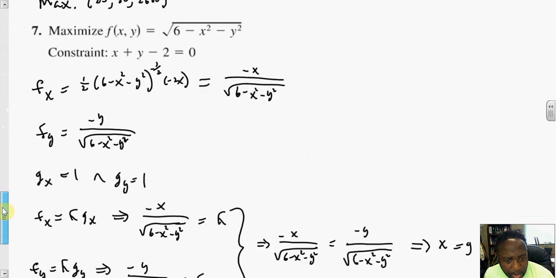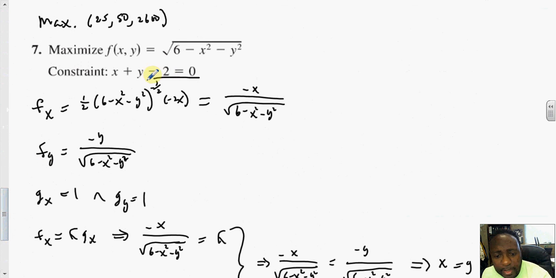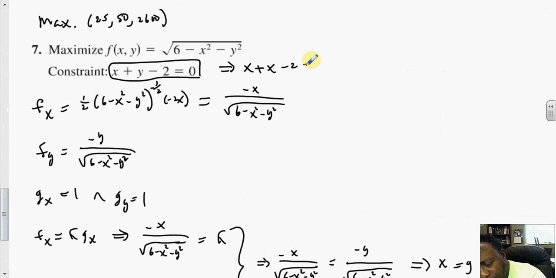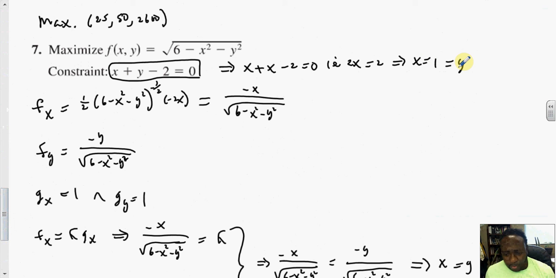So if x is equal to y, come back and look at this constraint equation. So x is the same thing as y. So you can write this as x plus x minus 2 equal to 0. That is, 2x is equal to 2. That implies that x is equal to 1, which is the same thing for y. X and y are set to equal, right?